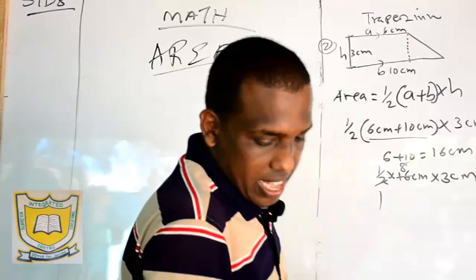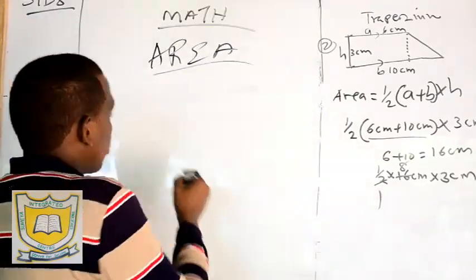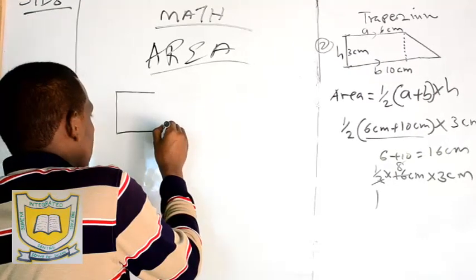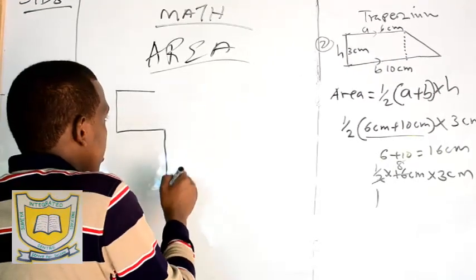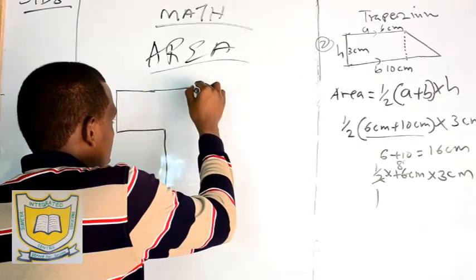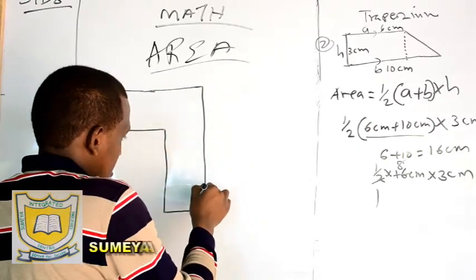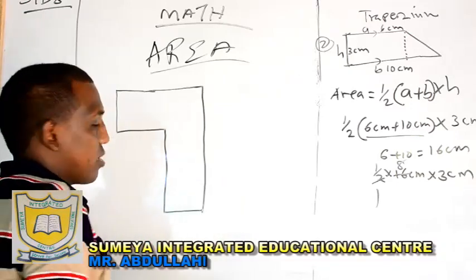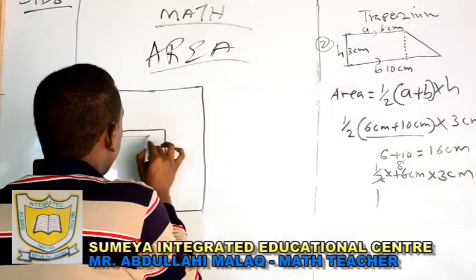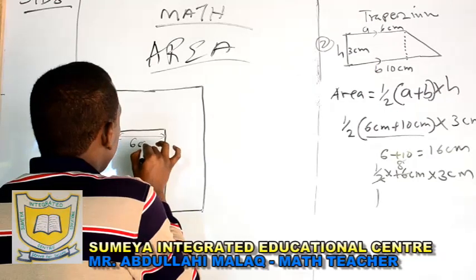There's also another figure here. There is that figure. Here you are told this line is 6 centimeter.